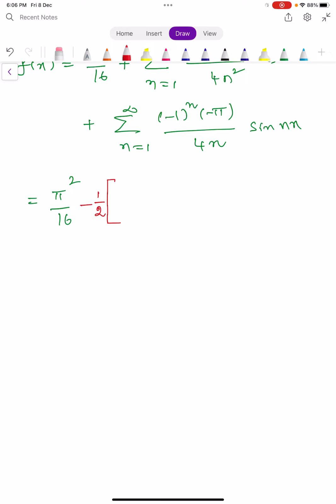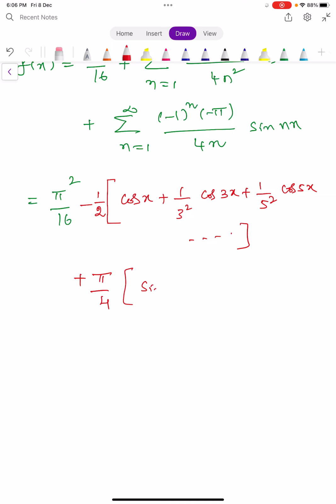minus 1 by 2 into, you can write like this, cos x plus 1 by 3 square cos 3x plus 1 by 5 square cos 5x and so on, plus pi by 4 into sin x minus sin 2x by 2, because there is n, plus sin 3x by 3 minus and so on.